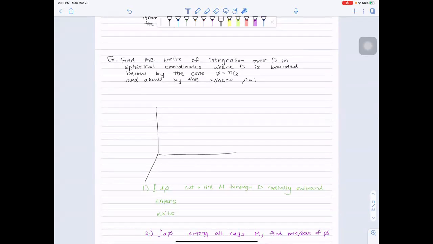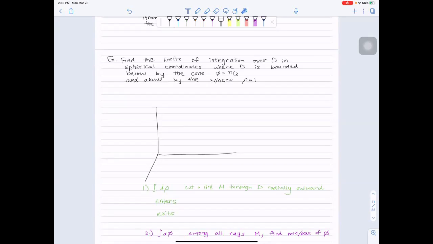You always start at this axis, and this is our positive z-axis. We want to draw a line parallel to the z-axis. The angle that this makes with the z-axis is 0. It's just straight. If the z-axis is vertical, and we have this angle here, that would be phi equals pi over 2.